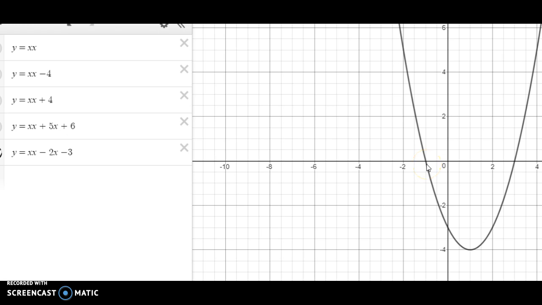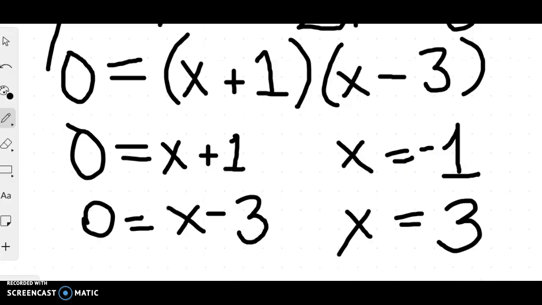Now, on a test, they might ask you, what is the positive zero for that function? The positive zero would be +3. What is the negative zero for that function? The negative zero would be this -1 right here, okay? Or they might ask you, which is the greater zero value? Obviously, that's 3.